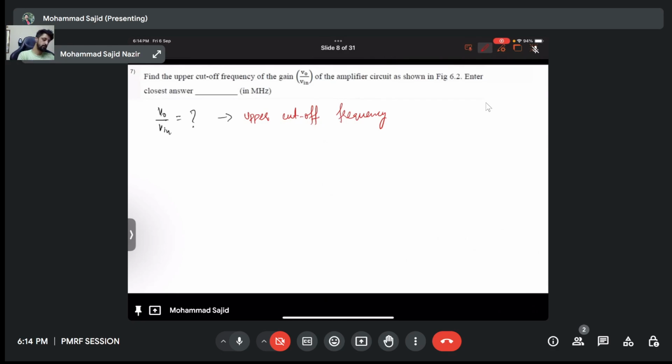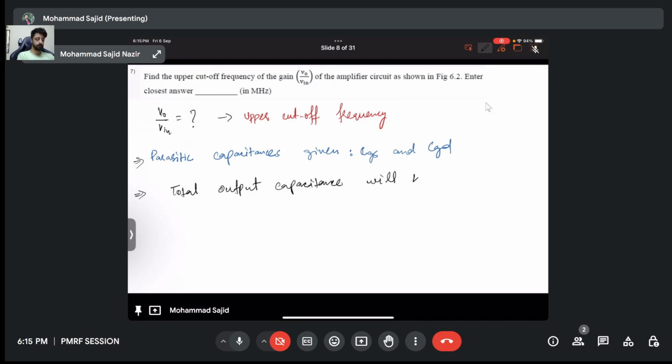So what we will do is, since the parasitic CGS and CGD are given, the total output capacitance will be given by the load capacitance plus the Miller capacitance.